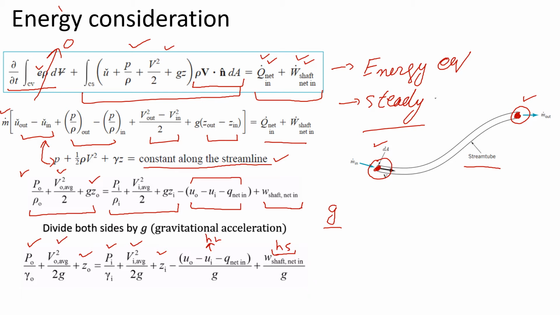Here we are just dealing with the pipes. We are not actually considering any pump or turbine. So we will remove this term. This is what we came up with, and this is how we will write this equation. Further, we will remove this term because we are not dealing with any pump or turbine.